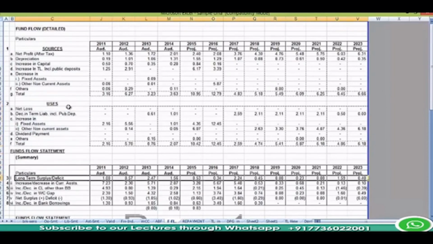So there were some long term sources, there were some uses. After usage there should be some surplus, or it can also be a deficit. If there is surplus, how the surplus was used for further activities, or if there is deficit, how the deficit was managed. That's what I explained in the subsequent lines. All this we'll understand in a separate session.